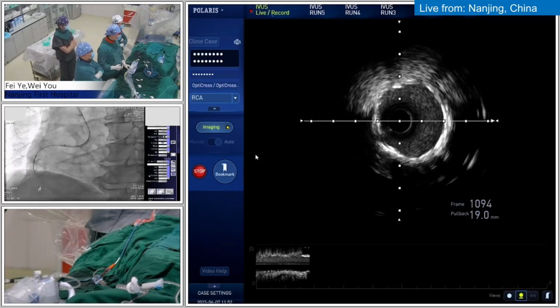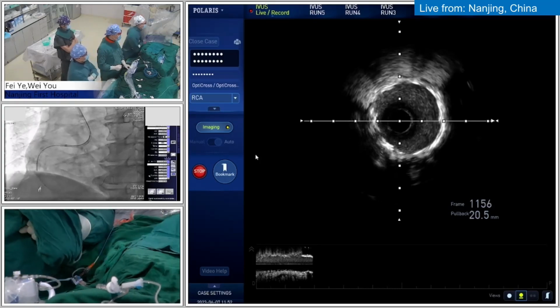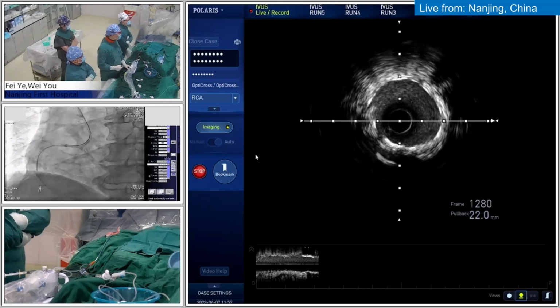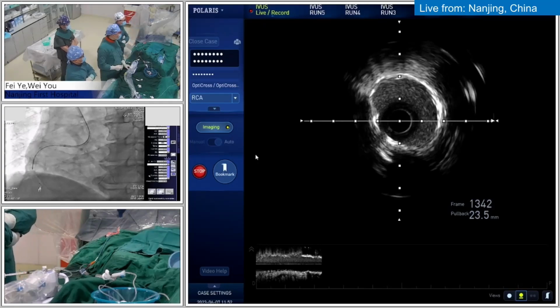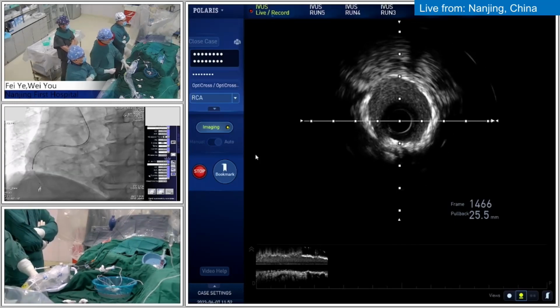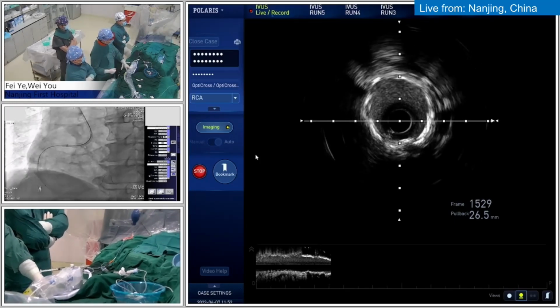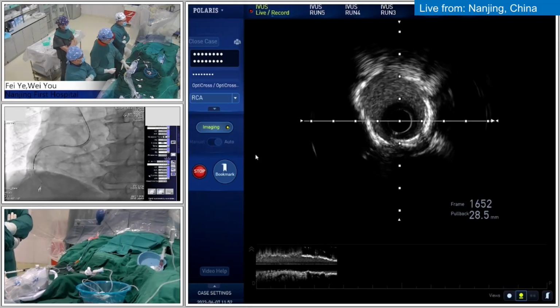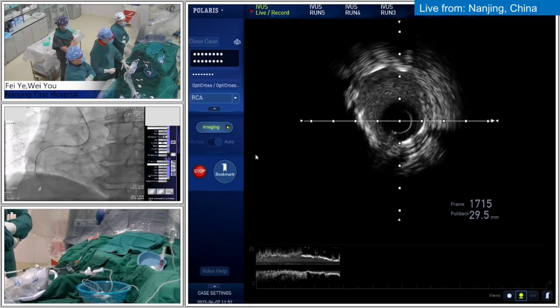Yeah, just a 1 millimeter gap. The two stents do not overlap. This is the proximal stent. And here the mean diameter is not more than 3.